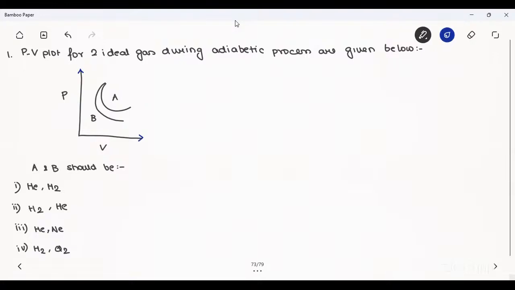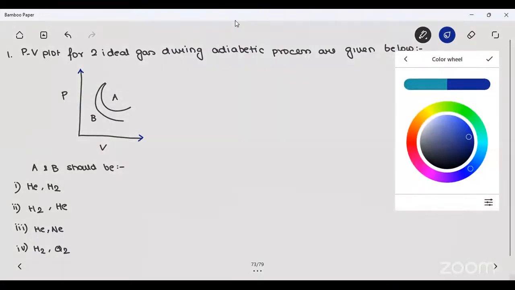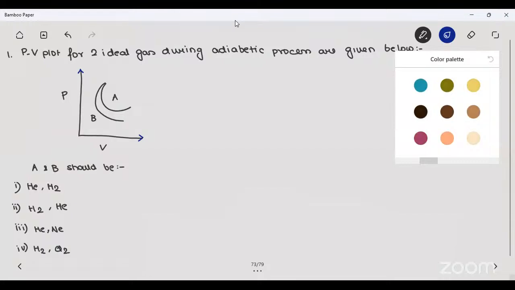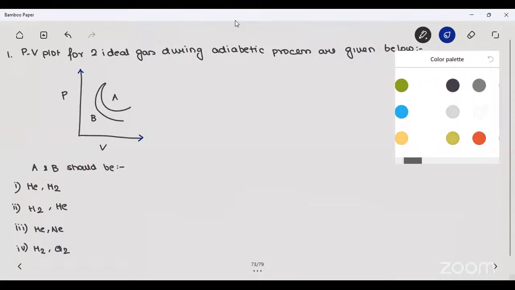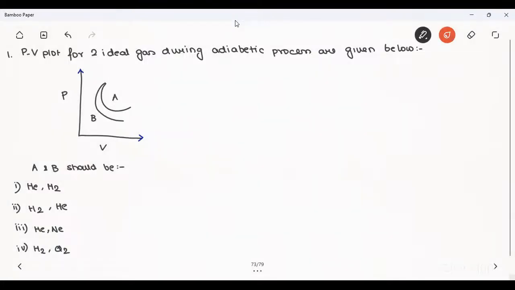Now they have asked you what are the probable conditions, so they have actually asked us to tell what will be A and what will be B. Now, how to solve these questions? We know PV to the power gamma is equal to constant. Last class, we derived this.